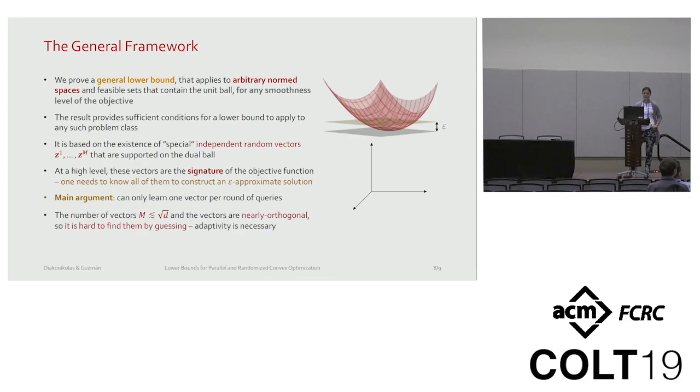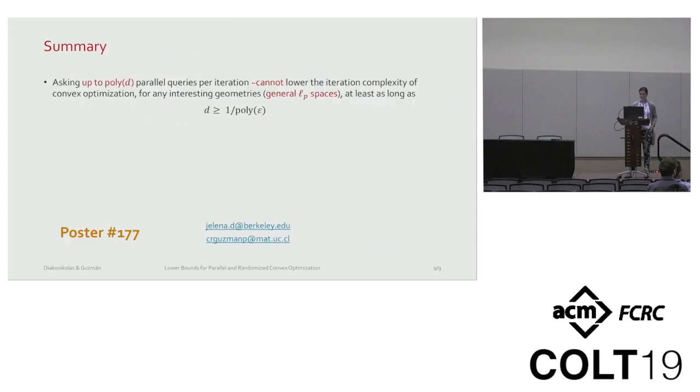What is really happening is that you're hiding these vectors in a higher dimensional space, and this is precisely where this high dimensional assumption comes into play. And as I already mentioned, to apply this theorem, we give specific vectors, Z1 to Zm. I won't go into what they are, but you can maybe ask me at the poster.